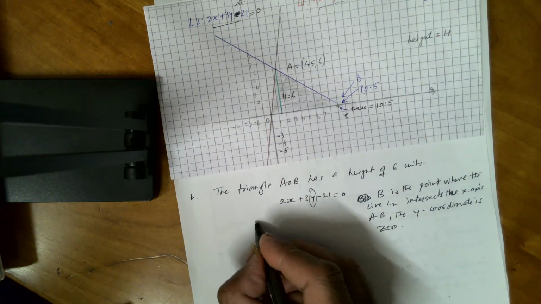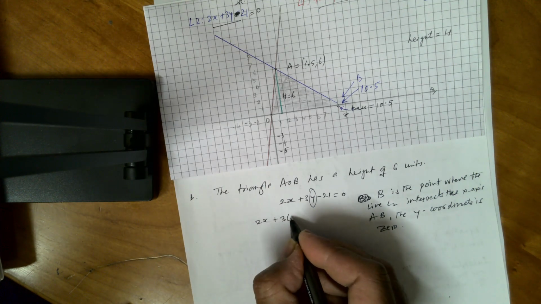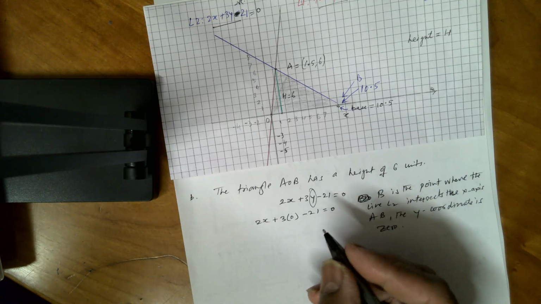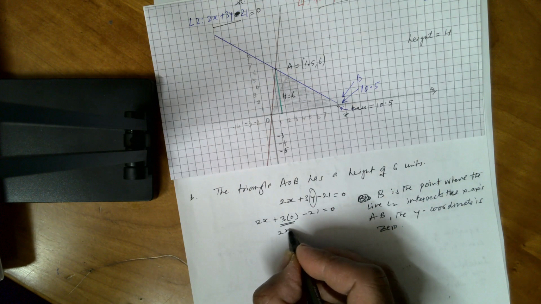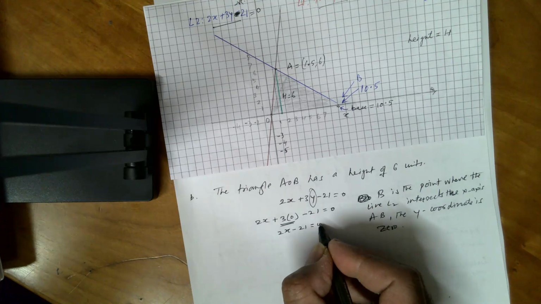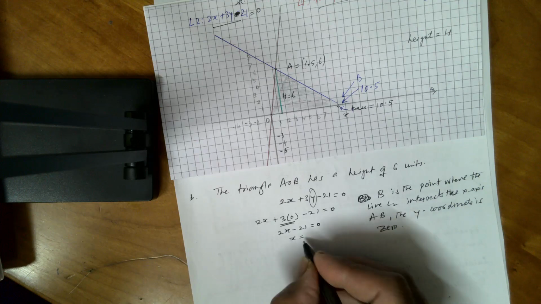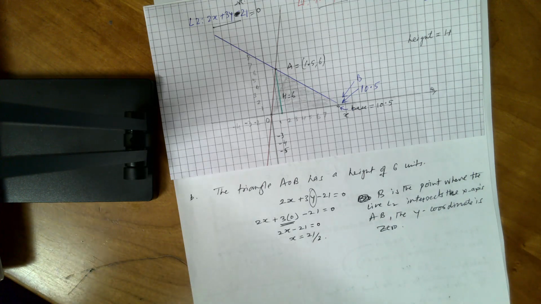Okay, so how will we do that? We'll say 2x plus 3 times 0, minus 21 equal to 0. So that is your 0. What you're left with is 2x minus 21 equal to 0, and x would be, take 21 that side, x would be 21 over 2. Okay, right?